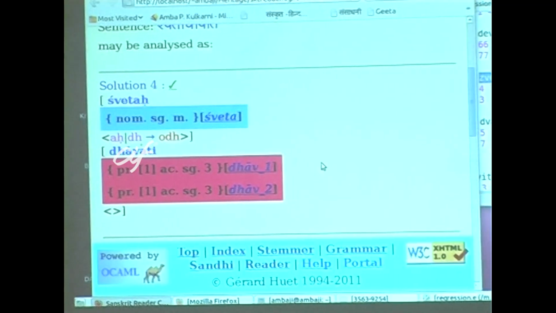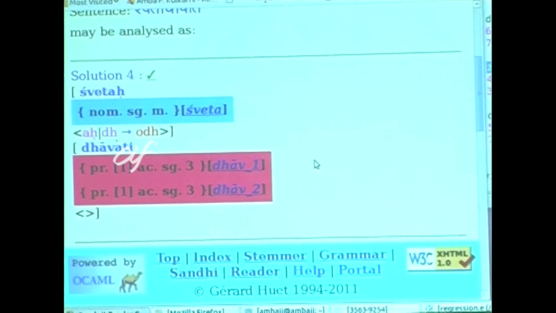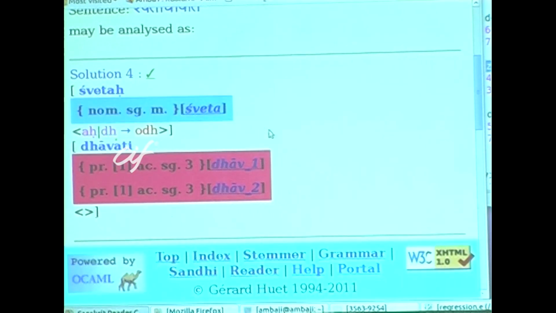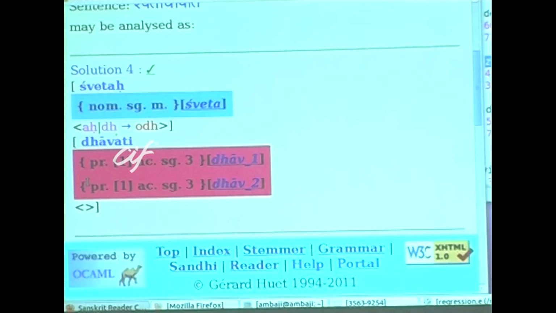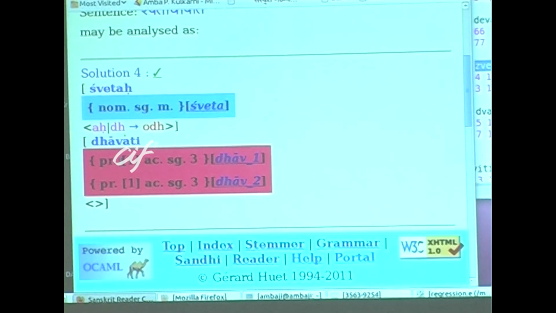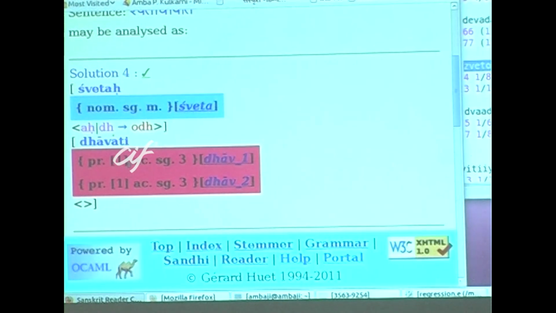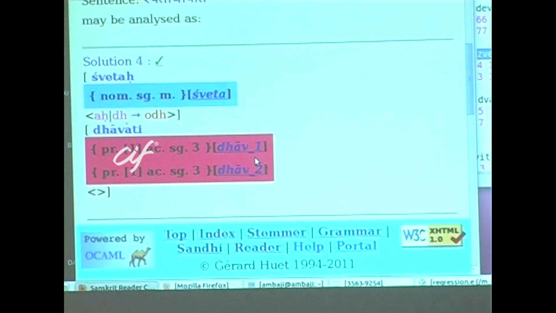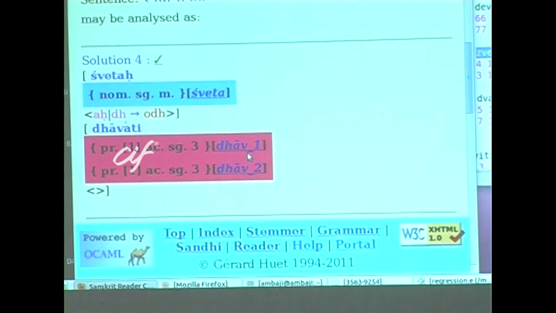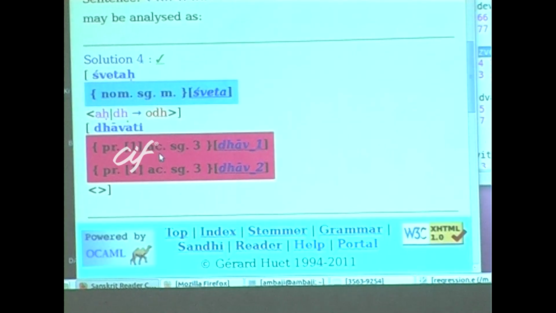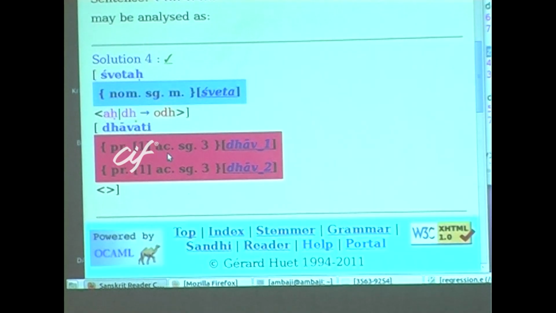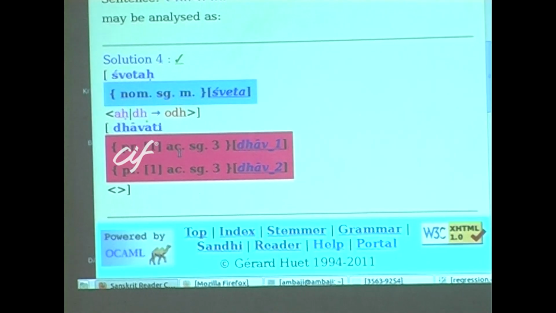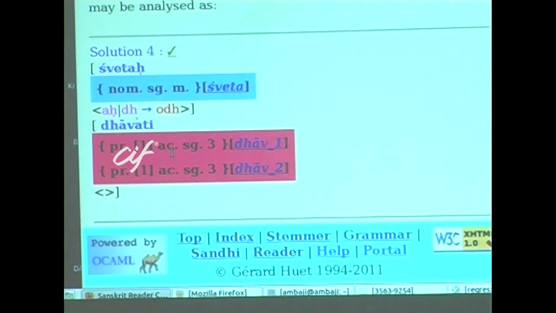Now we have an ambiguity on the form Dhavati. In Dhavati, it finds that it is present of Gana 1, of root Dhav 1. Dhav 1 has meanings Gati and Shuddhi.